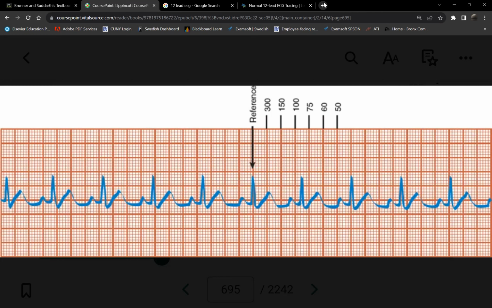Now, to do this, we really need a caliper. Calipers cost anywhere between $3 to $10, depending on the brand you buy. But here's a poor man's caliper. Just grab any piece of paper. I'll mark 2 waves. Let's say I mark this P wave here and this P wave. And see, is it occurring regularly?